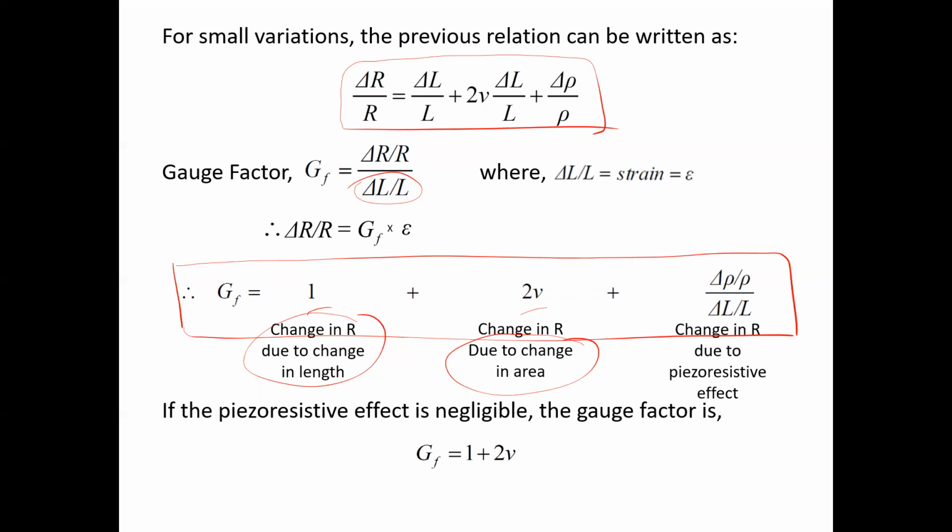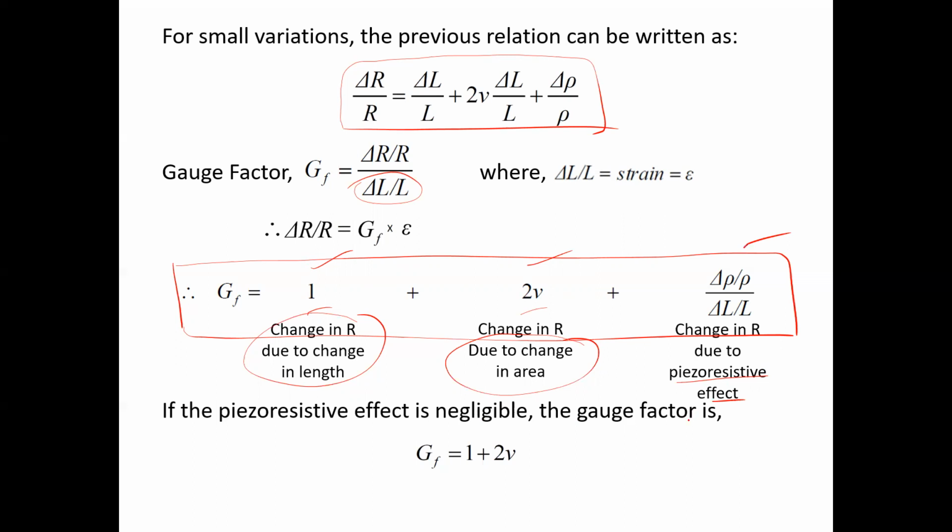However, initially this term results from the change in area, and the last term results from the change in resistivity. So the property of the variation in resistivity due to applied stress is defined as the piezoresistive effect. These three corresponding terms refer to the variation in three different quantities: length, area, and resistivity.